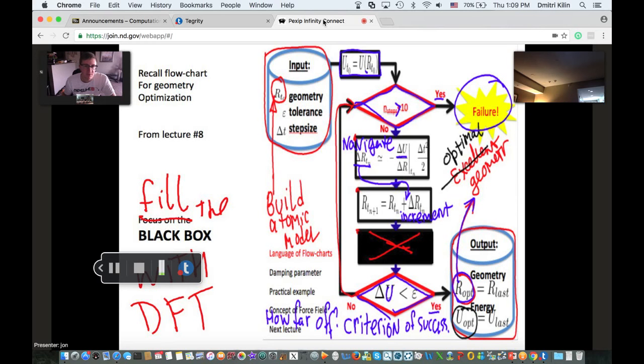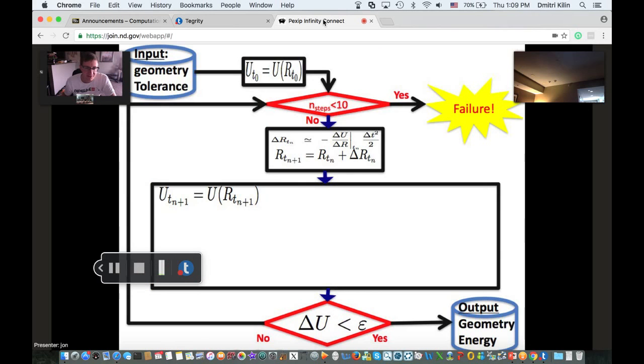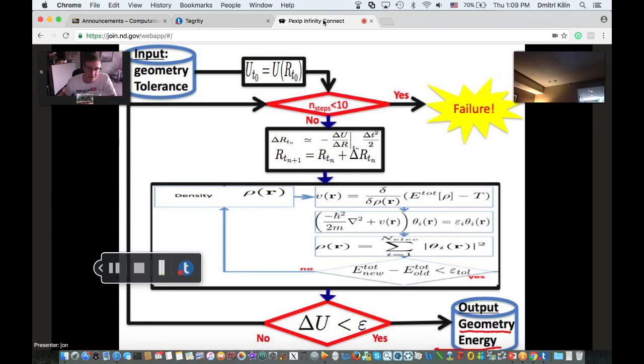I guess these next few slides just reiterate that in a little bit larger fashion, where you take this potential at the next time step equal to potential with changing coordinates, and then now you have your DFT algorithm in there, like we had. So that's more or less what the implementation of DFT into a geometry optimization looks like.